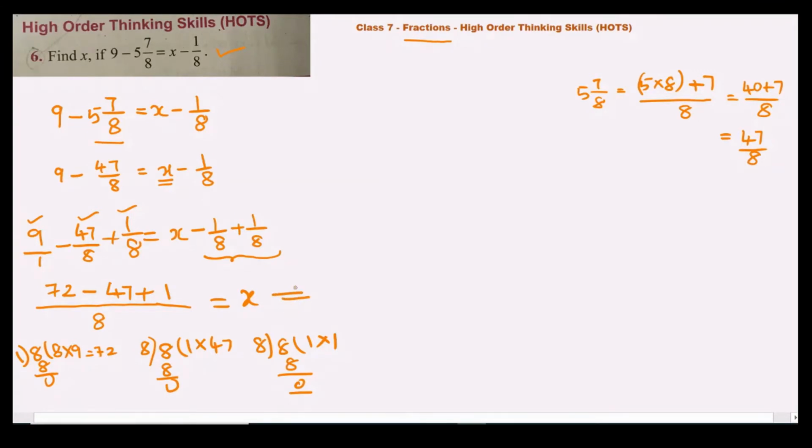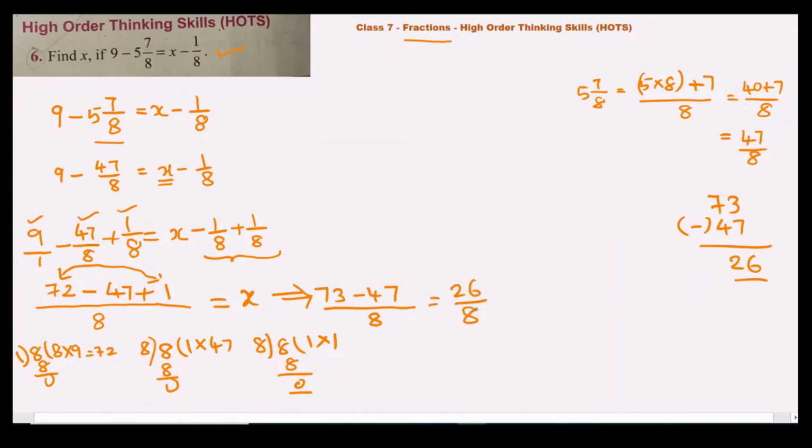This is further simplified: 72 plus 1, both are positive, that is 73, and minus 47 is left out, divided by 8 as the denominator. Now let us see, 73 minus 47 equals how much? 13 minus 7 is 6, 6 minus 4 is 2, so that is 26 divided by 8.